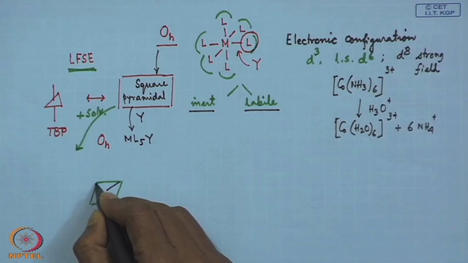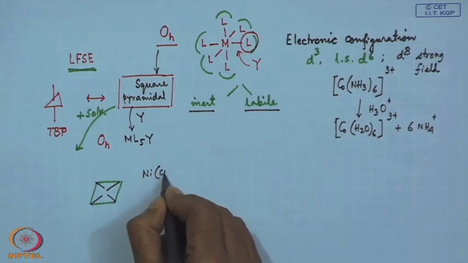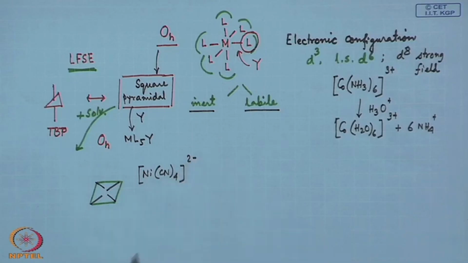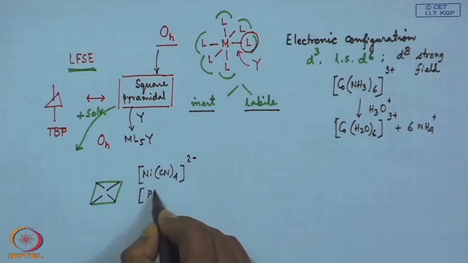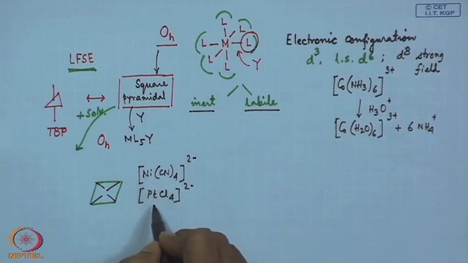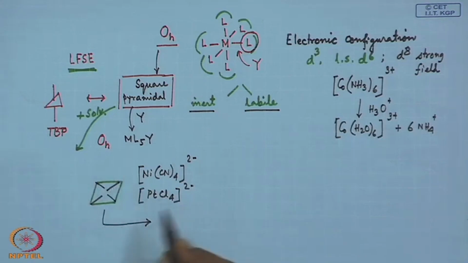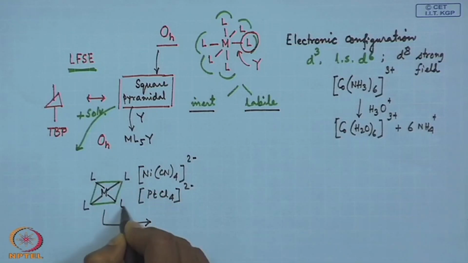In the d8 system, it basically prefers the square planar geometry, such as tetracyanonickelate(II) or PtCl4 2 minus. So, the platinum center, palladium center or the nickel center can give rise to this particular square planar environment, where the metal is there and we have L, L, L, L for the substitution reaction.